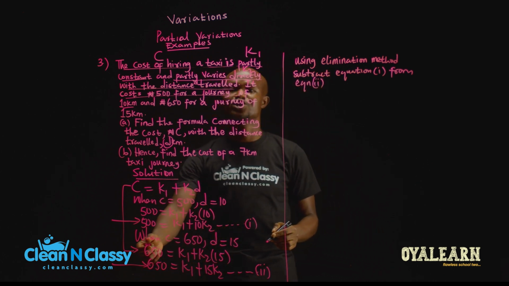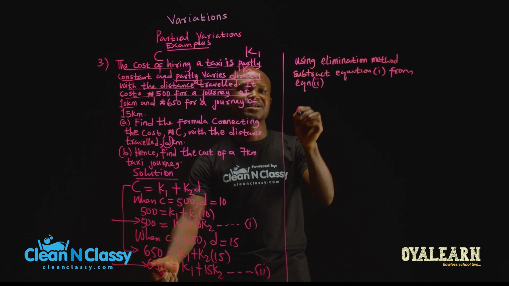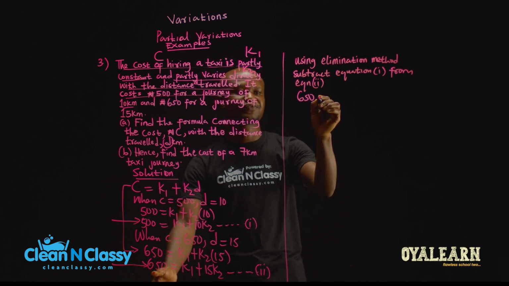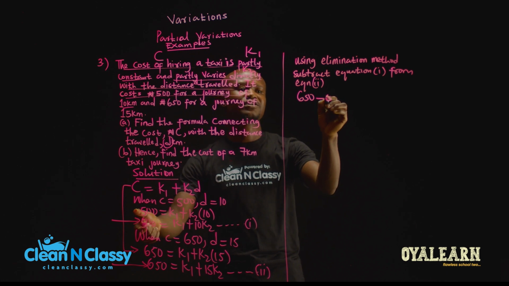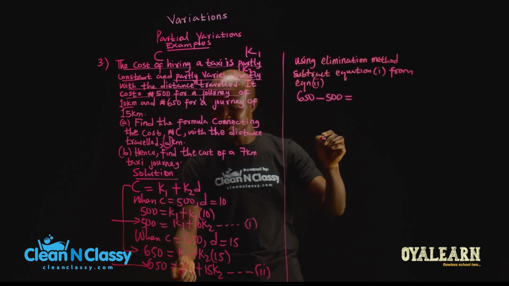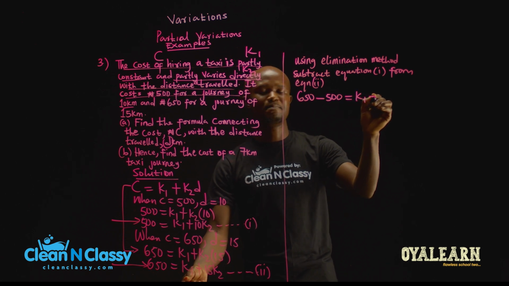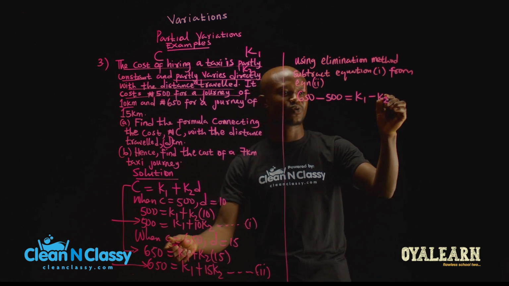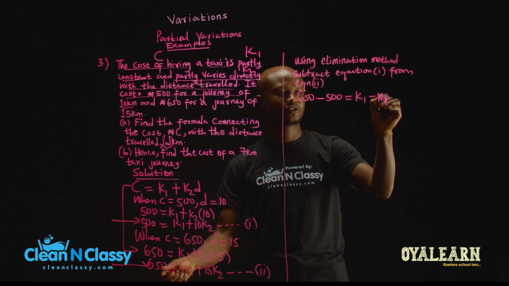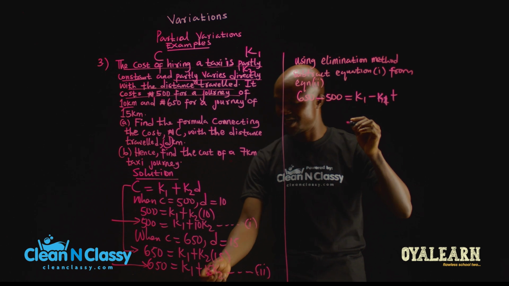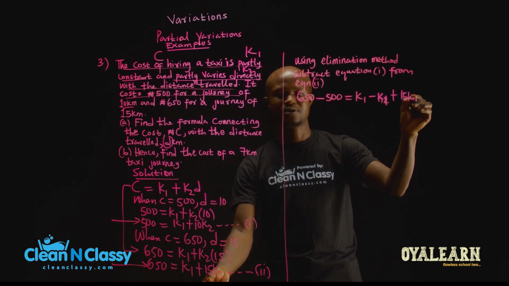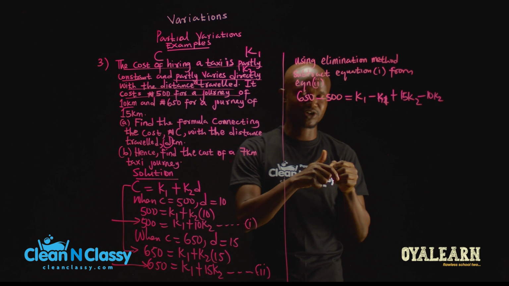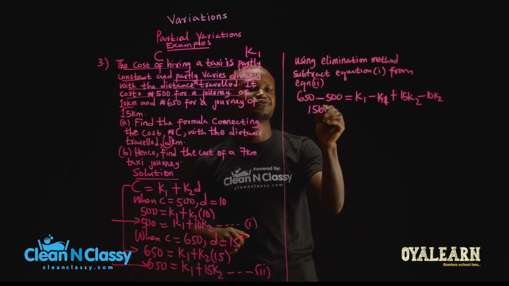Subtracting equation 1 from equation 2, starting from the left, what do we have? 650, that's the left-hand side of equation 2, minus the left-hand side of equation 1, minus 500, equals K1 minus K1, then plus 15K2 minus 10K2. 650 minus 500 will give us 150.